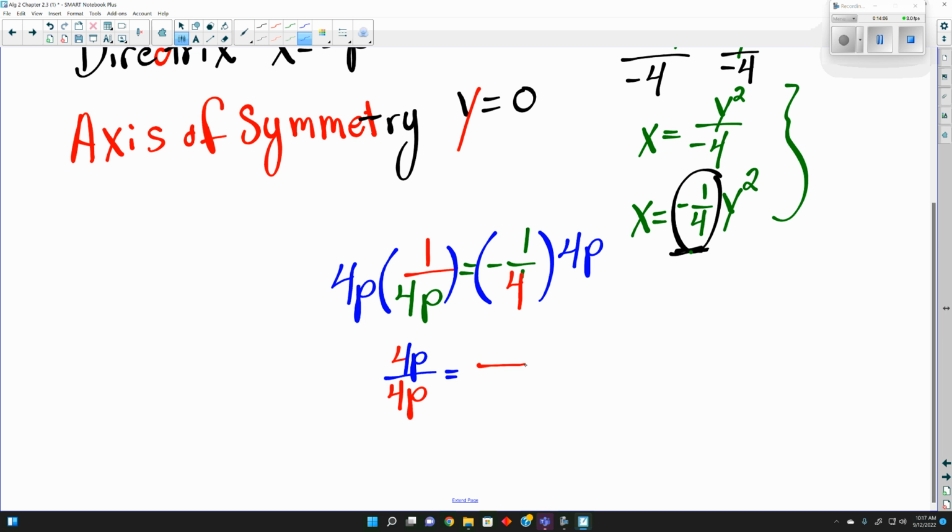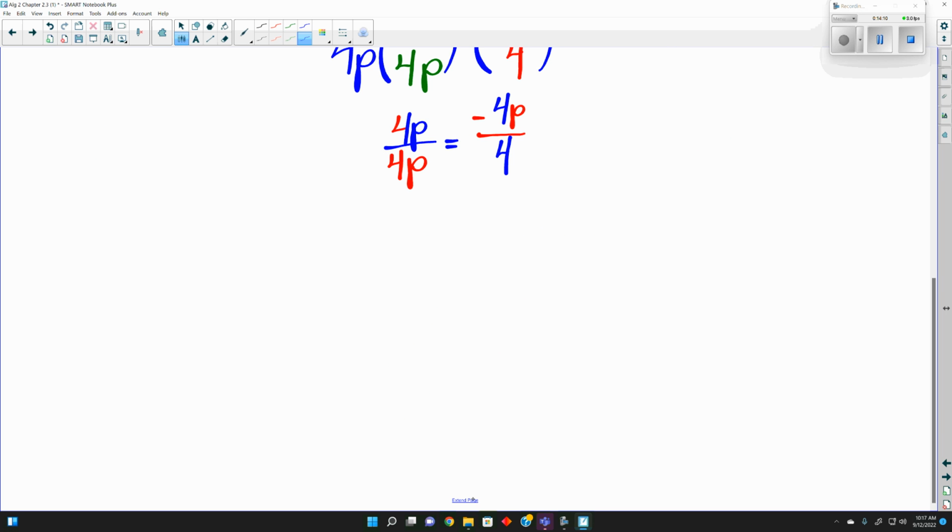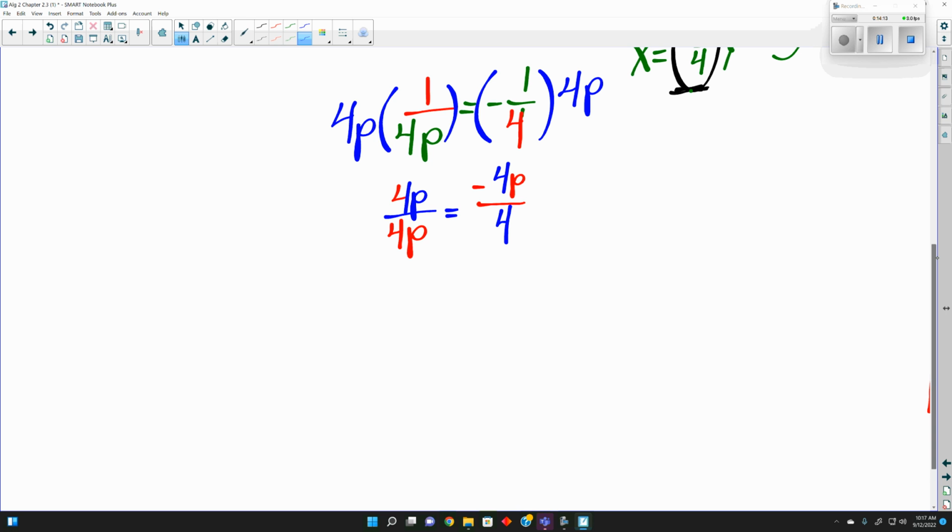And on the right-hand side, we have negative 4p over 4. What is anything that's divided by itself? 1. So the 4p over 4p is 1. What about on the right-hand side? Because the 4 divided by 4 would be 1, yes? Which does leave us with p, but it would be negative p. Questions on this here so far?